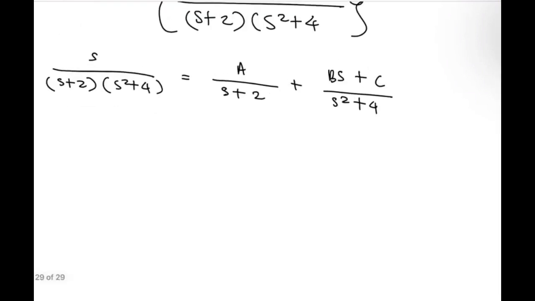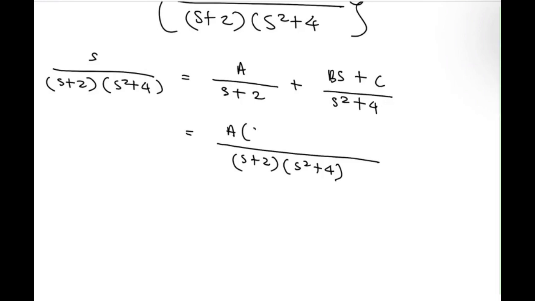So we expand this one. s plus 2 multiply s squared plus 4. So A will multiply with s squared plus 4, plus Bs plus C will multiply with s plus 2.